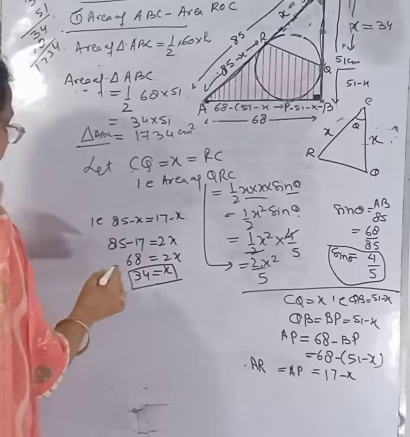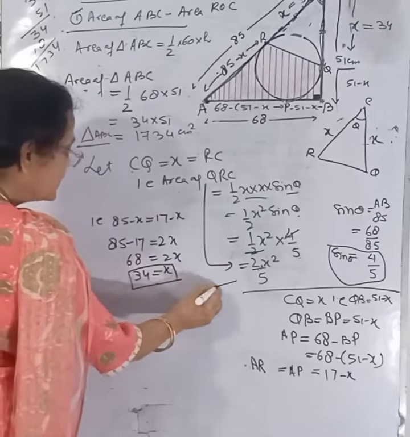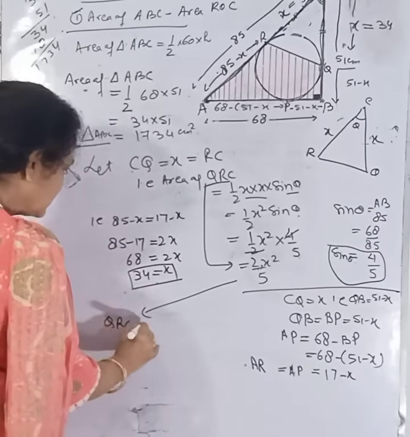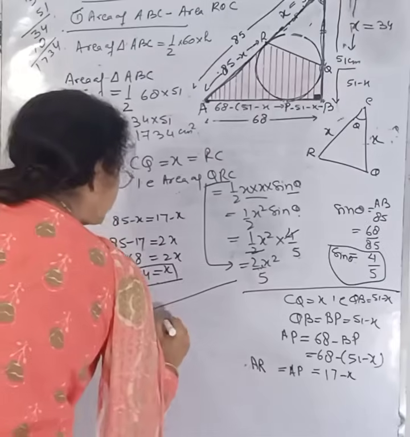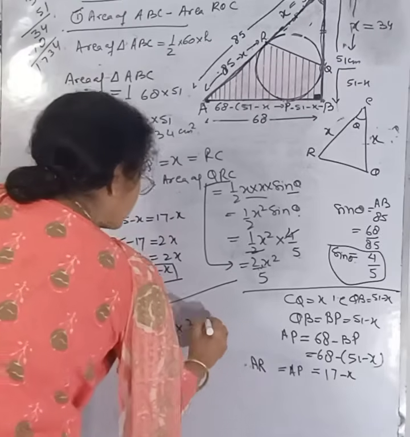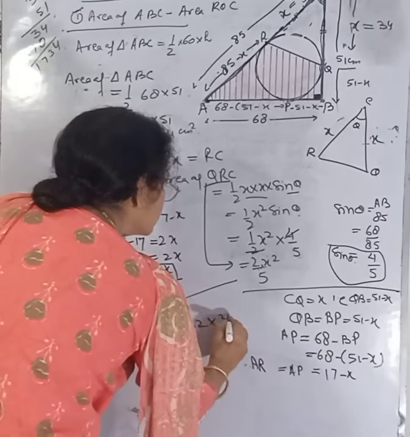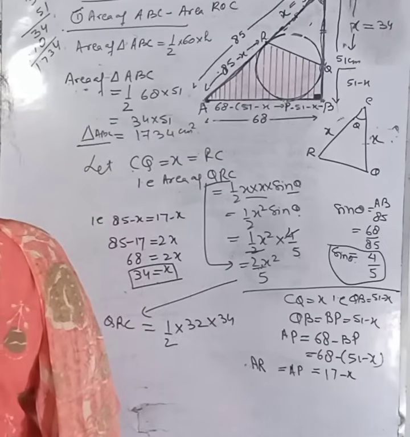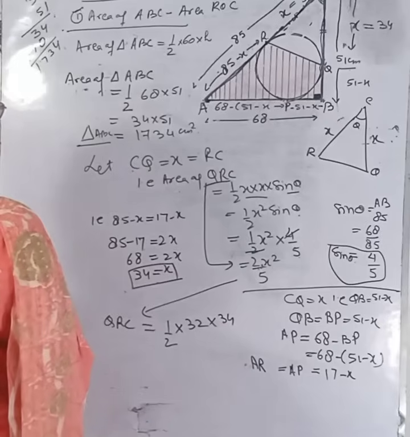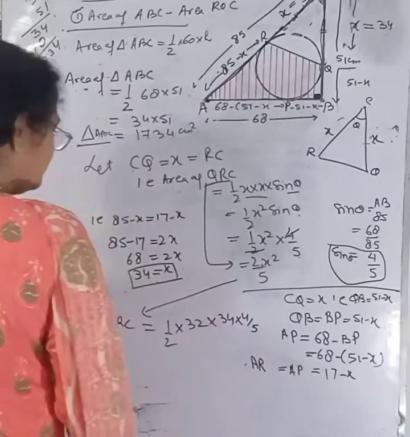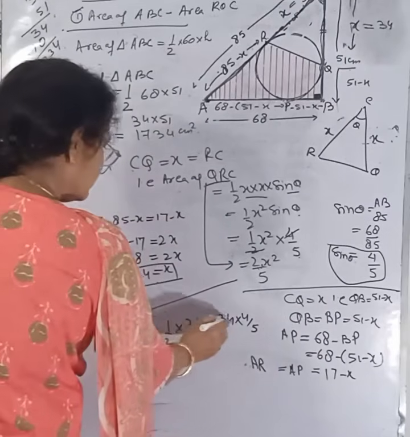Okay, then the area of QRC is equal to 1 by 2 into 34 into 34 into 4 by 5. The 2 gets cancelled over here.